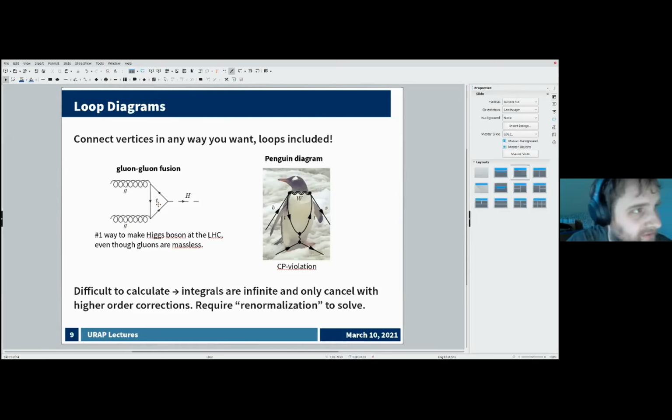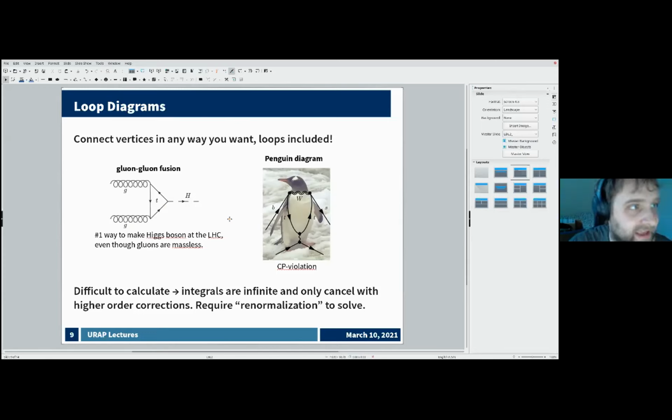You at first think that's not physical, but it turns out the reason it's actually physical is that to do the physical calculation, you have to sum all of the diagrams that have the same initial and final states. This is the idea that you have to take into consideration all possible paths, and that includes loop diagrams that have two loops, three loops, four loops, and so on.